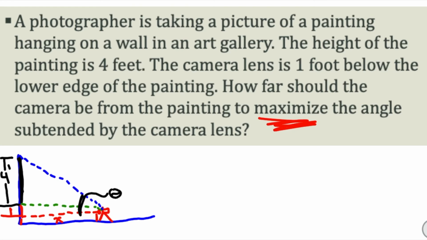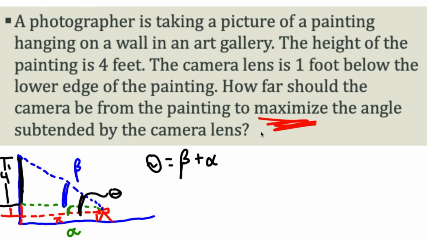Then the green angle, which will be this part right here, I'm going to call alpha. And then the blue angle right here, I'm going to call beta. We know that theta is the result when we add angles beta and alpha together.